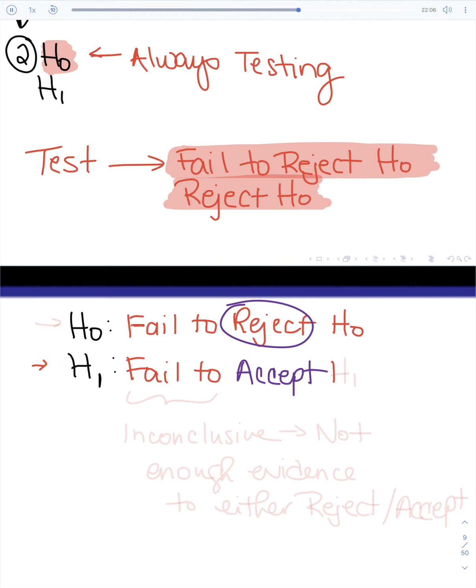The reason why we need to know this is because sometimes our claim will be on our H naught and sometimes it'll be on our H1. So we need to know whether we're failing to reject or failing to accept. Remember that the failing to, though, is always going to mean that your test is basically inconclusive.